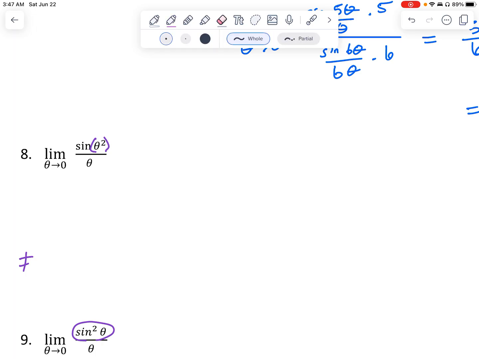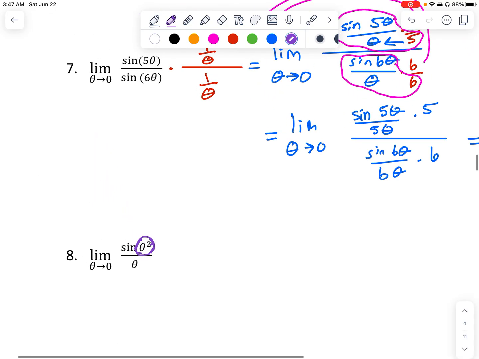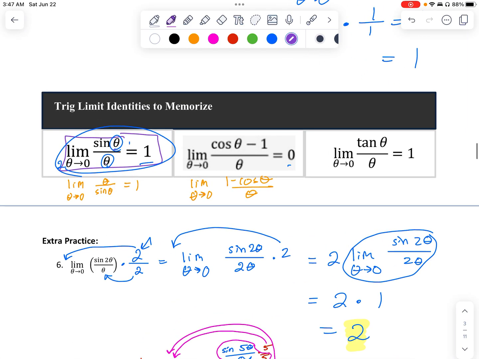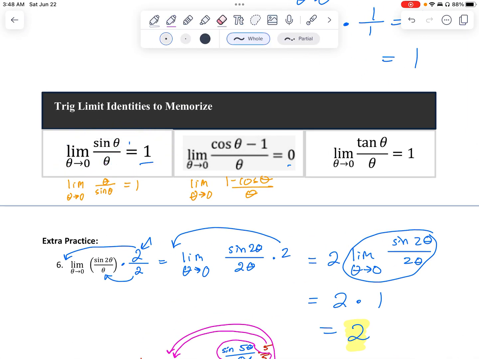The theta is being squared and the sine is taking the theta squared. So that means I have this extra theta that I have to match. To make it look like this law, I want this piece to match this piece.